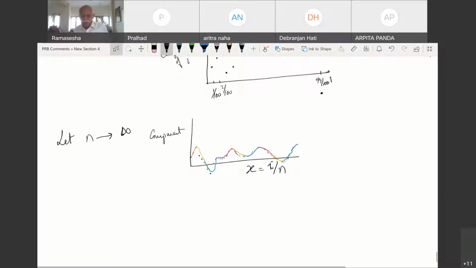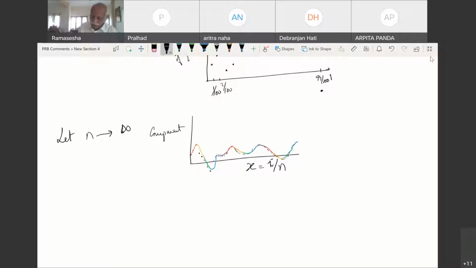So basically what I have done here is that the value of the first component is somewhere here, the value of the second component corresponds to this, third component corresponds to this, fourth corresponds to this, fifth corresponds to this, and so on and so forth, all the way up to 1. So this is a function that is defined between 0 and 1.